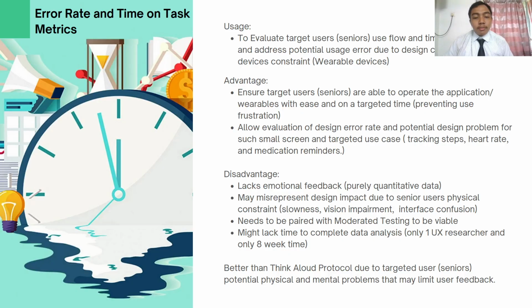But this method, I think, is better than think aloud protocol due to the targeted users, seniors, and potential physical and mental problems that may limit user feedback for the apps. With think aloud protocol, users are needed to speak their concerns and experience with the apps, but seniors might not be able to do that effectively.